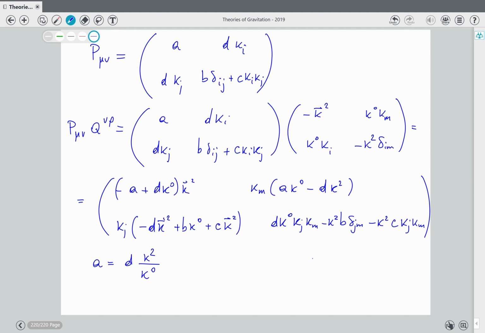Another thing that should vanish here should be the coefficient of kj km, because you need a delta, you need 1. And the other coefficient should be equal to 1. So this should be equal to 1, which means that b is equal to minus 1 over k squared. And then there is another condition here. This thing should be 0, which means that d should be equal to minus k squared c over k0.